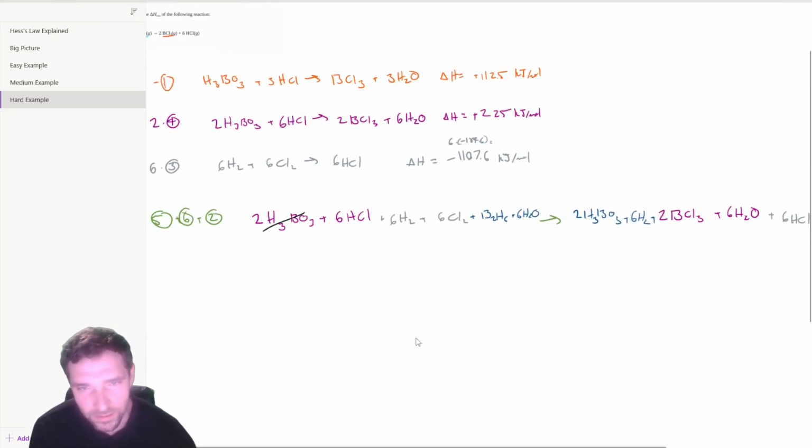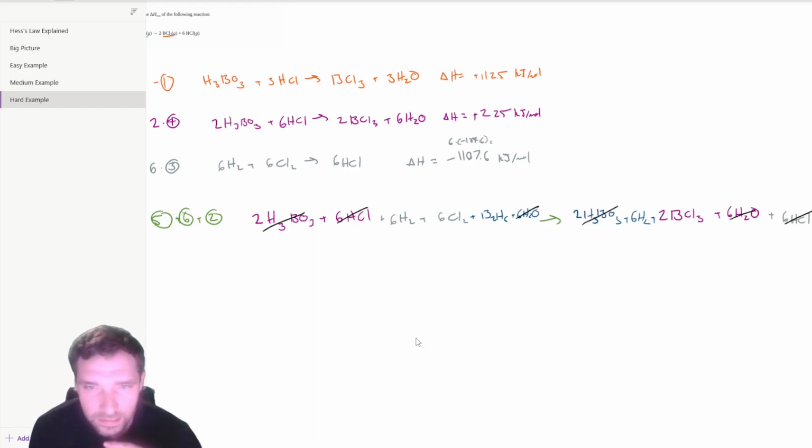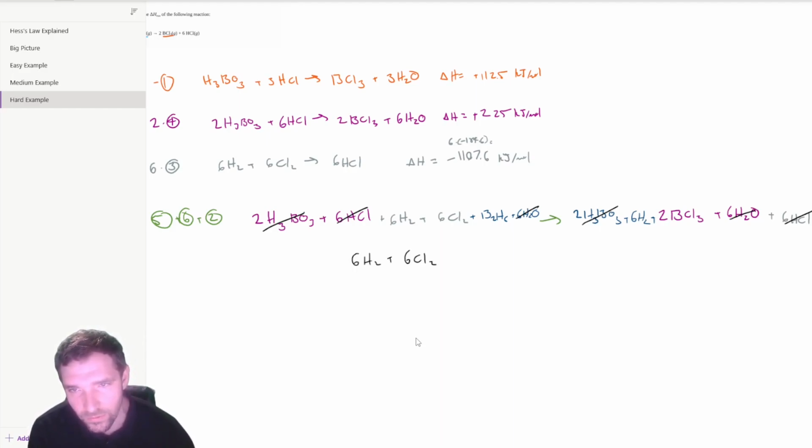I'm just going to do a little bit of simplifying of the reaction, canceling out the things that are present on both sides. And it looks to me like that works out pretty nicely. So I'm seeing 6 waters as well, so that cancels out, and that leaves us with the 6H2 plus the 6Cl2 plus the B2H6 going to form 6H2s plus 2BCl3s.